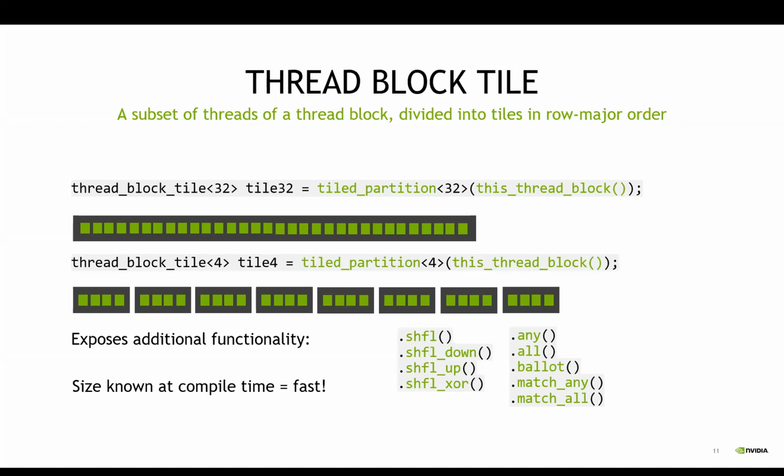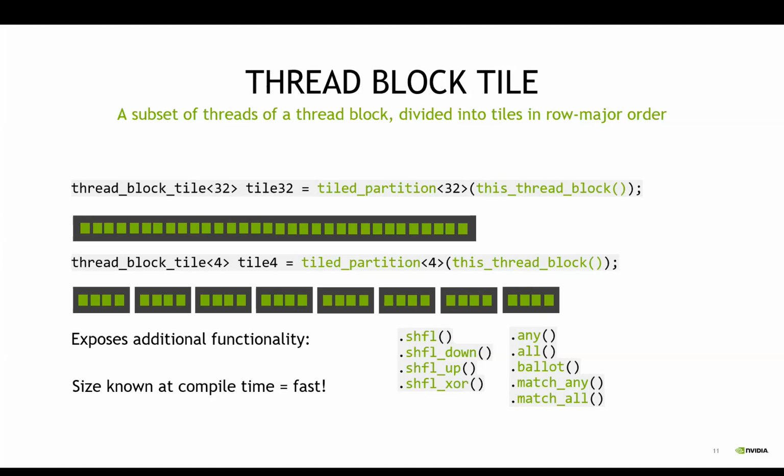There are some other functions there that you may be less familiar with. Any, all, and ballot. Those 3 are in a group of functions that we really haven't talked about. Those are called warp voting functions. And the last 2 functions there, match any and match all, are in a category of functionality called warp matching functions.